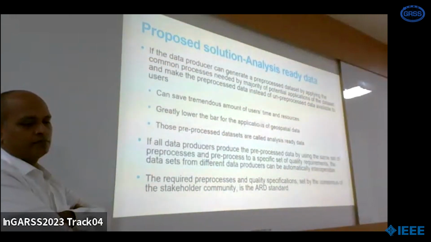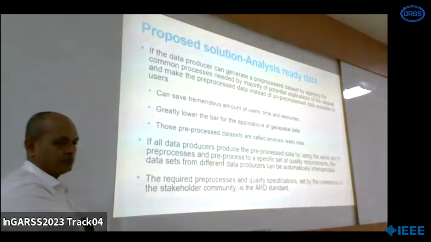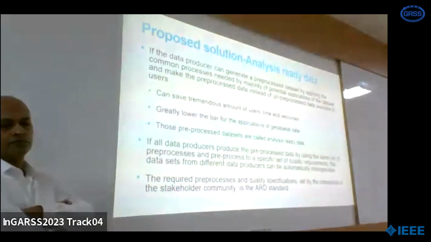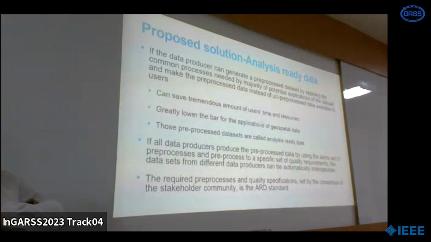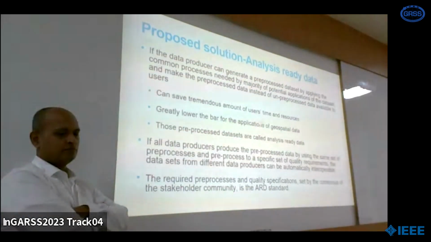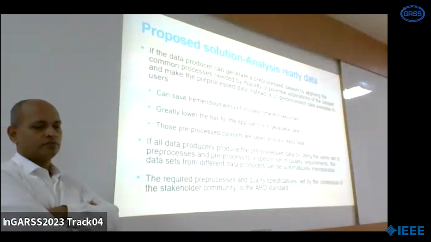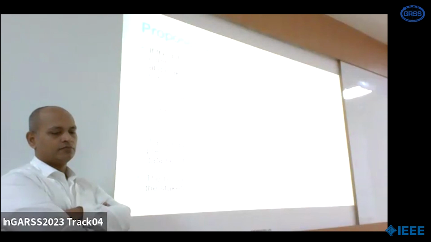And if all the data producers pre-process the data using the same set of pre-processing, to a specific set of quality requirements, then the data sets from different data producers or data providers can be automatically interoperable.